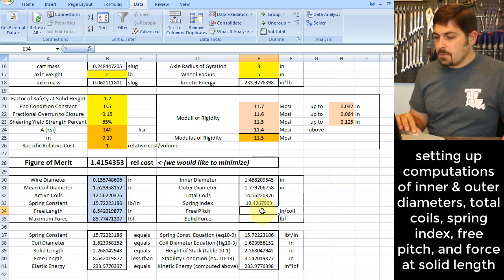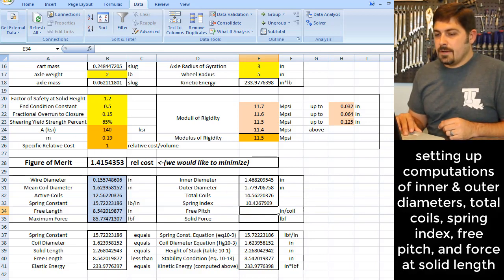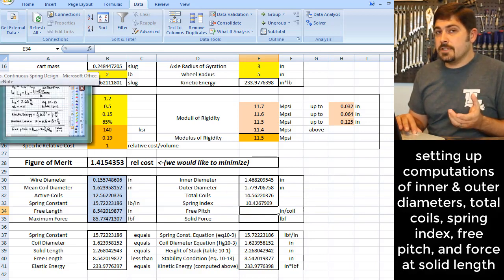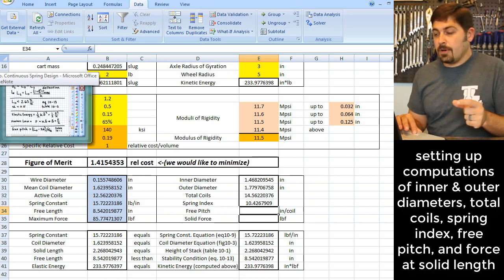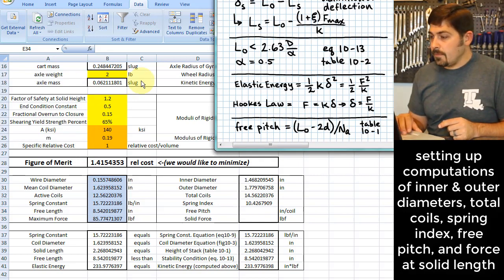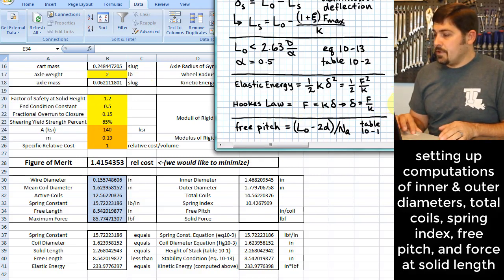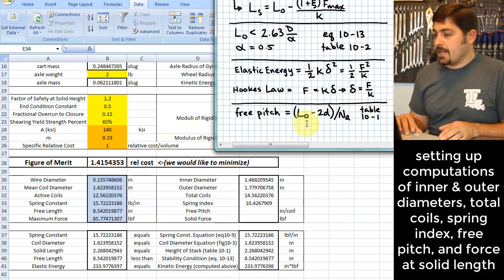Now pitch, this one's a little more interesting here. We don't talk about this a lot, but it's interesting to note pitch is basically how far it is between each coil. And so what we're going to do here is use another equation that we had from table 10.1.